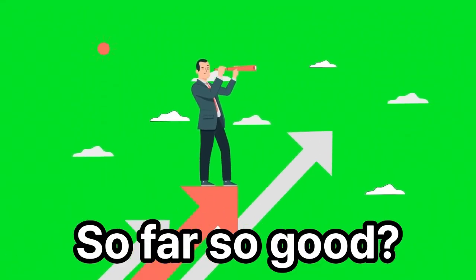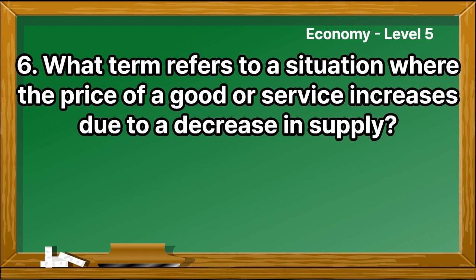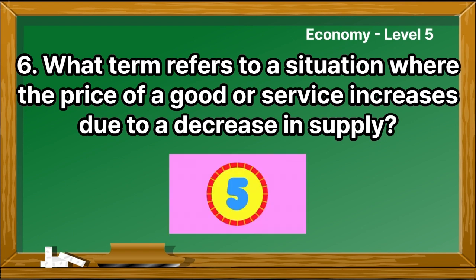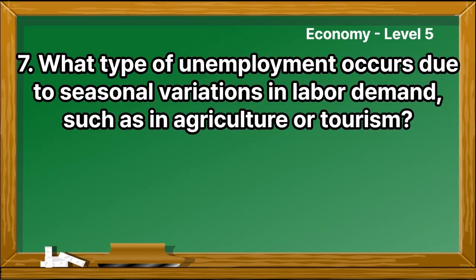So far so good? What term refers to a situation where the price of a good or service increases due to a decrease in supply? Supply shock. What type of unemployment occurs due to seasonal variations in labor demand, such as in agriculture or tourism?